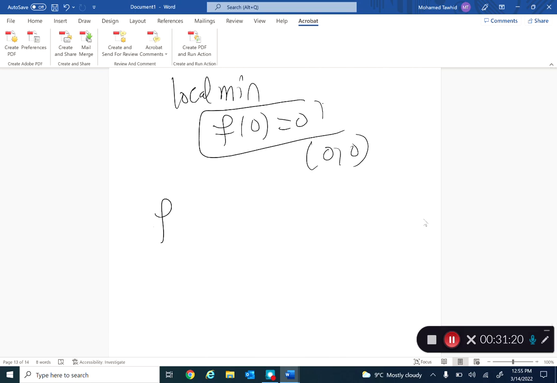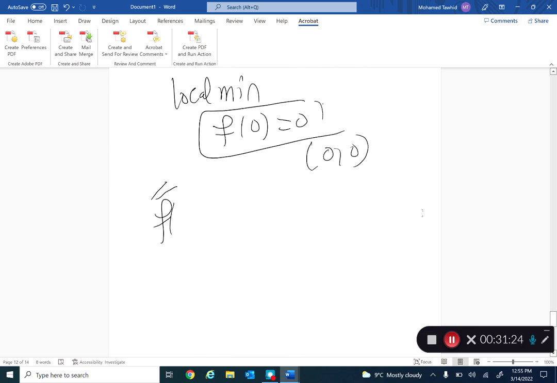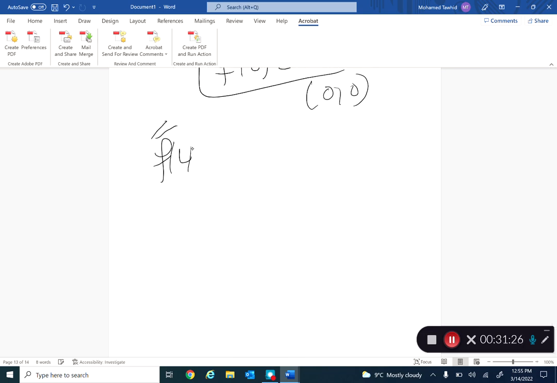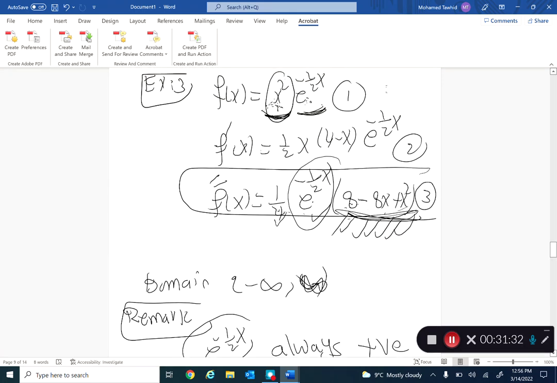So now I have to get the second derivative at the second one, which is x equal 4. So I have to go back to equation number 3 to figure out the sign, positive or negative. Again, you really care about the bracket here, because this 1 over 4 is positive, and e to the negative 1 over 2x is positive.